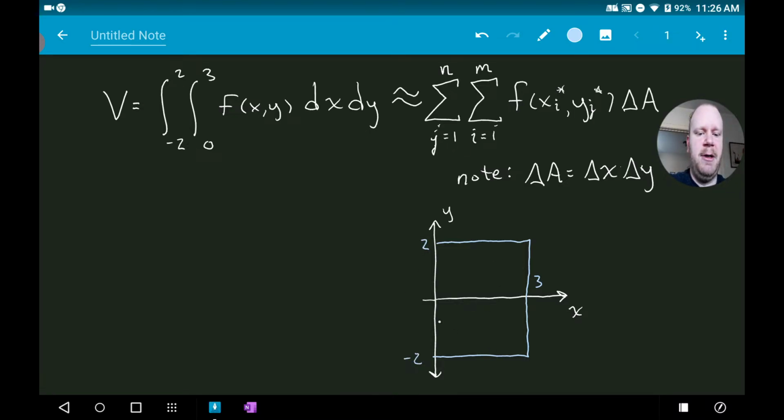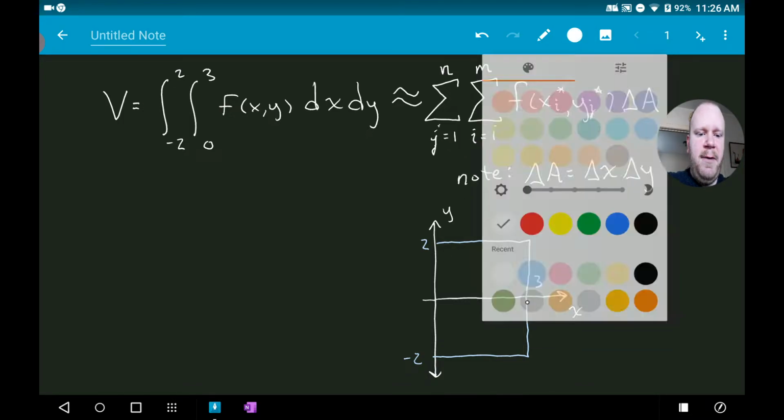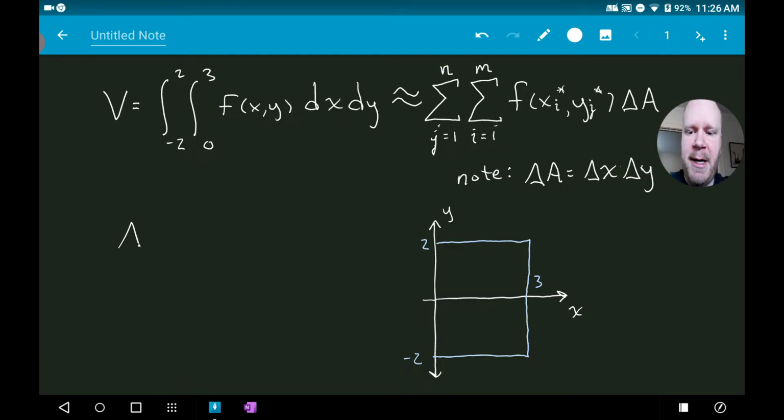And this is our region in the middle here. Suppose that I gave you the task of approximating, so we can approximate volume under the surface using, let's say, m is equal to 3 and n is equal to 8.